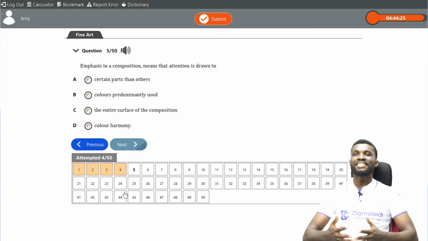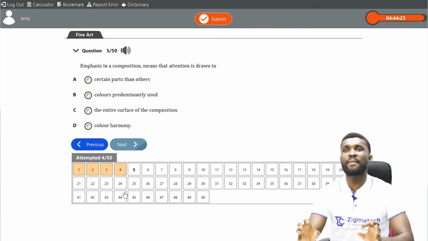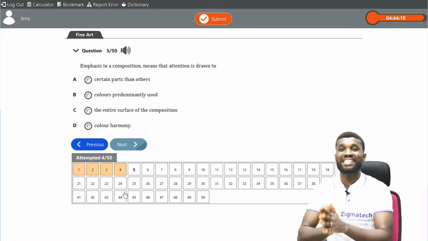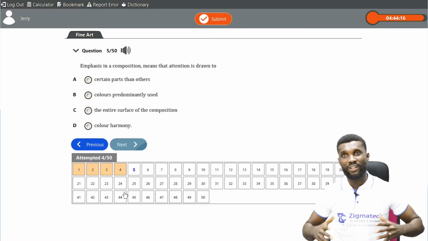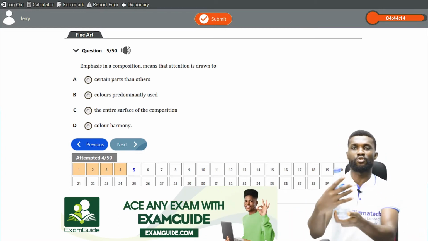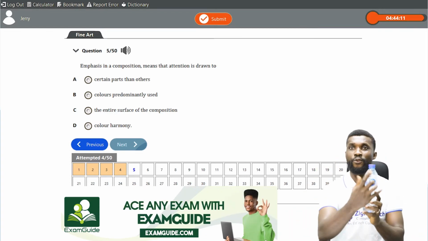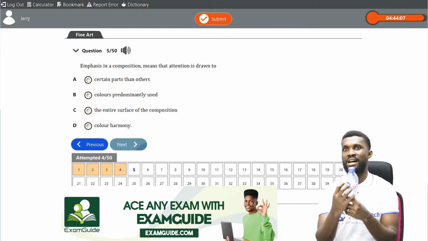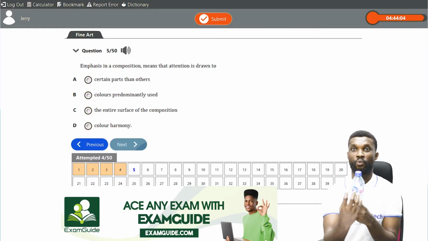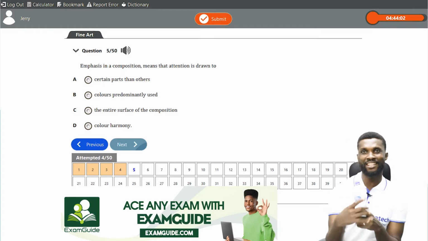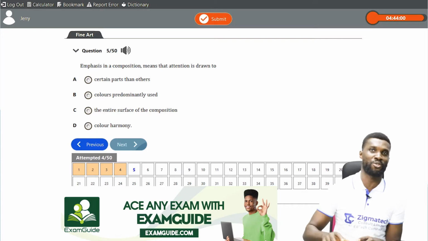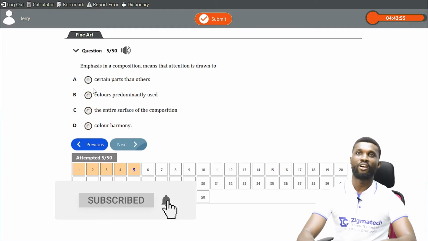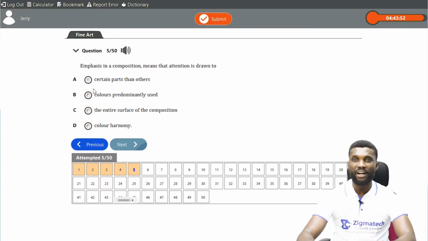Based on my explanation, it explains that attention is drawn towards certain parts more than the others. Because there are a lot of things to pay attention to here, but because of this design, it's focused on one. It is dragging your attention to that particular point, which is the emphasis. I hope you understand that. So therefore, the answer to this question is A. A is the correct answer for question number 5.